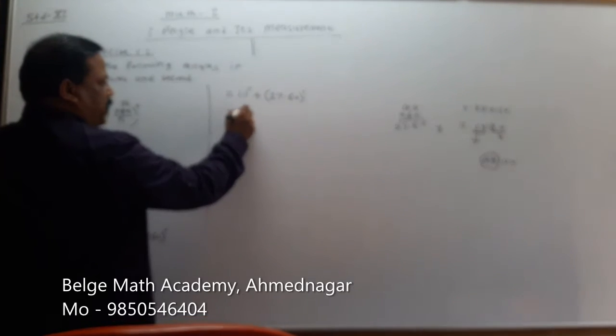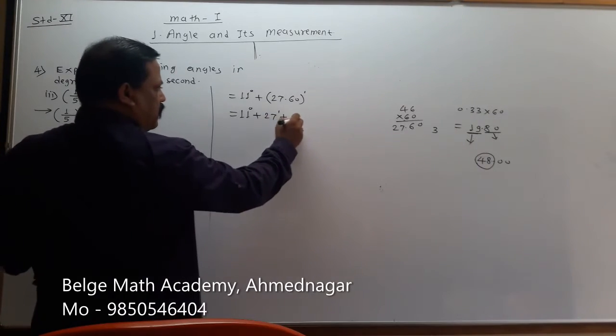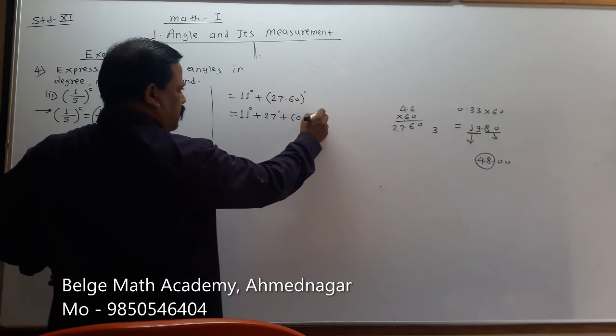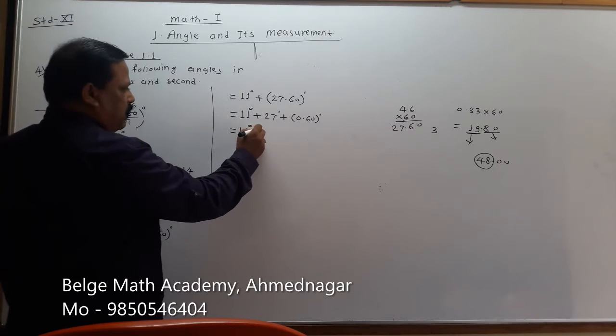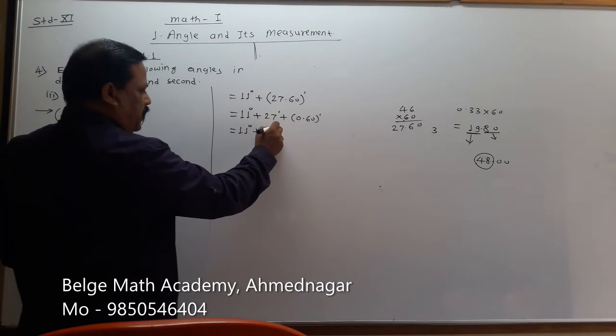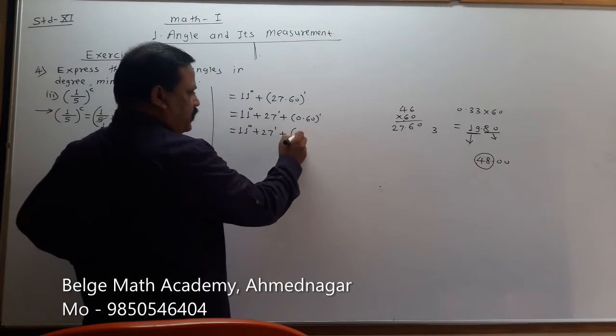Now again separate the integral part and the decimal part. 11 degree plus 27 minutes, and this 0.60 is converted into seconds.